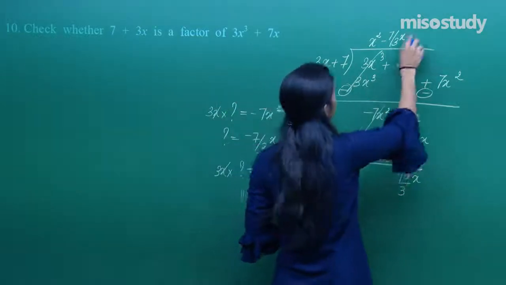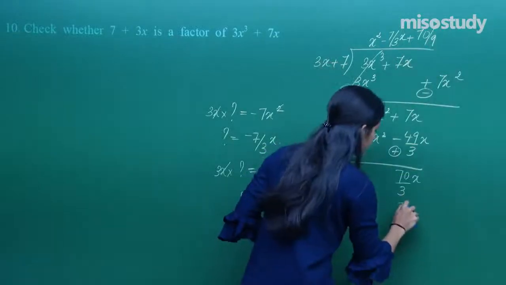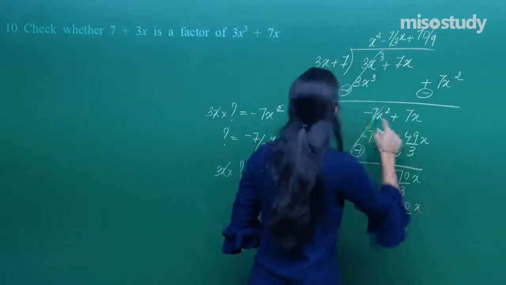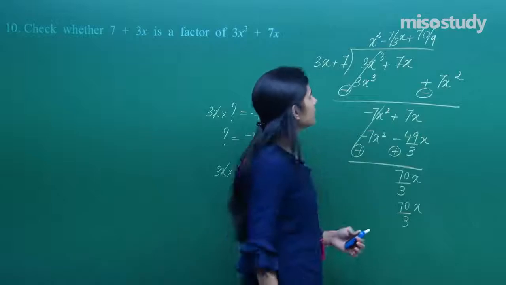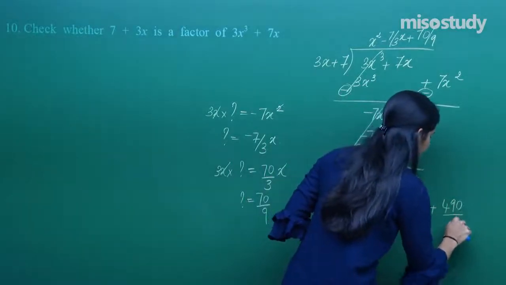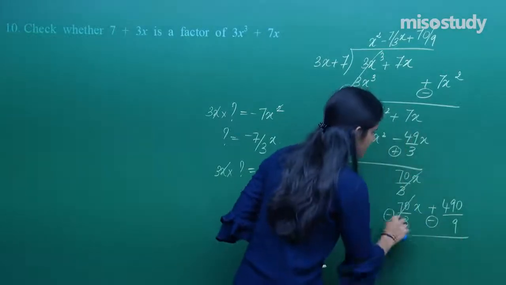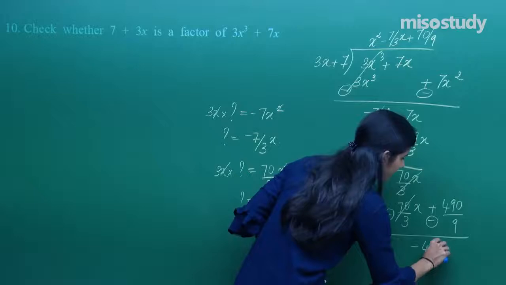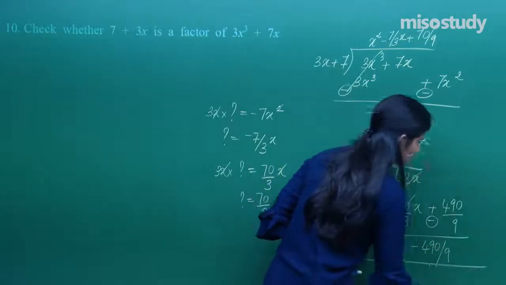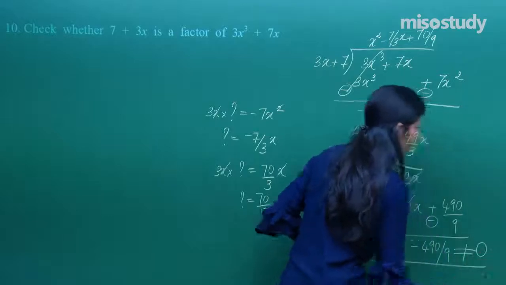So 3x into 70 upon 9 will give me 70 upon 3 into x, and this will be 7 into 70 upon 9, which is 490 upon 9. Then you will have minus, minus, this gets cancelled out. You have minus 490 upon 9 as a constant coming out as the remainder, which is not equal to 0.